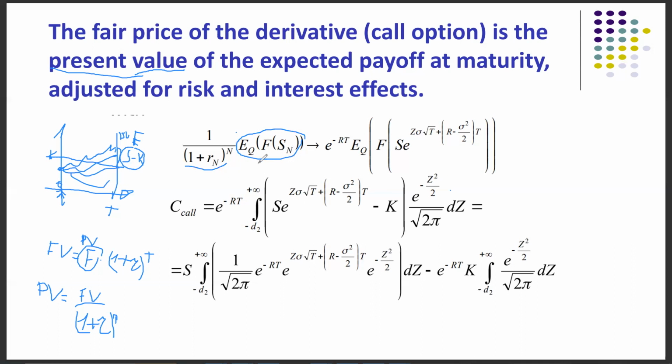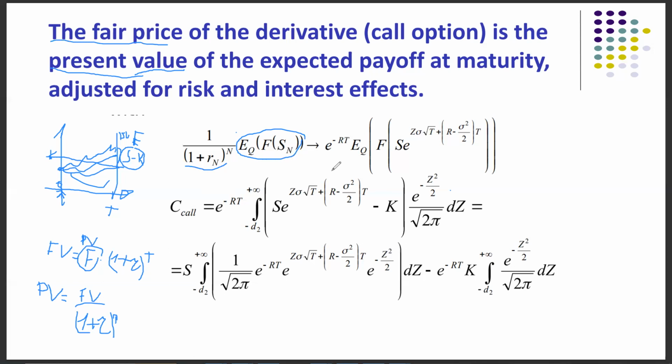So the definition is that the fair price is the present value of the expected payoff at the time of maturity.